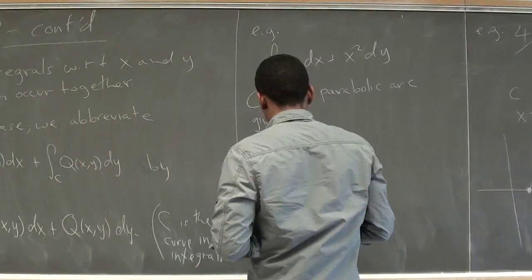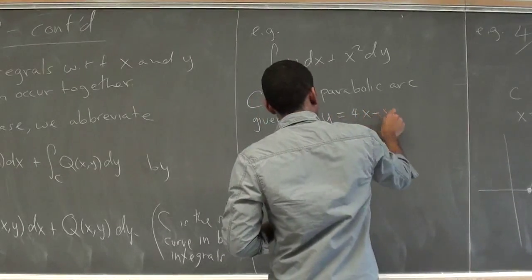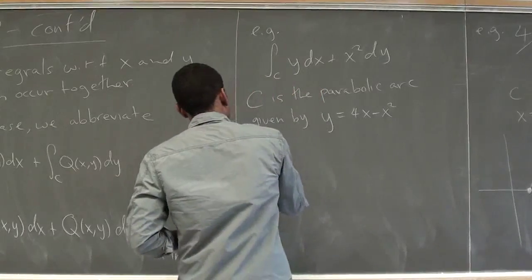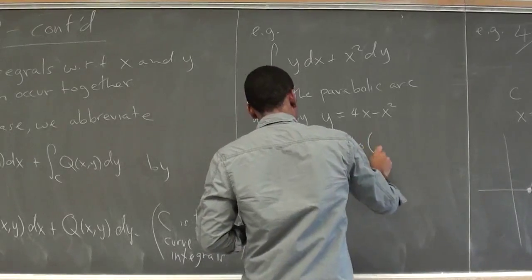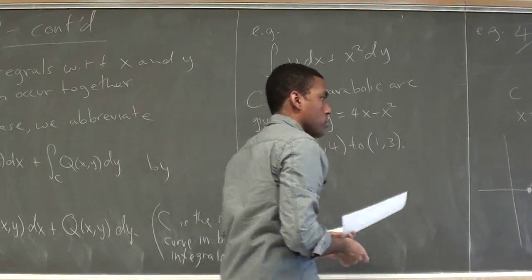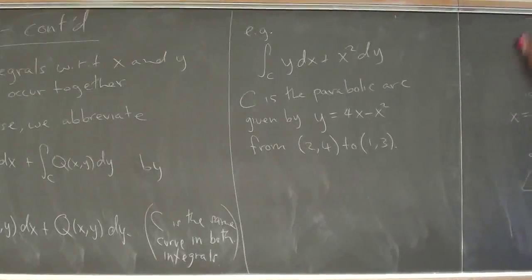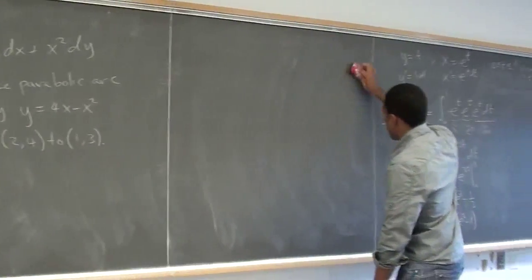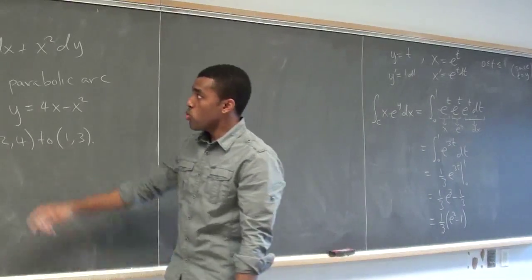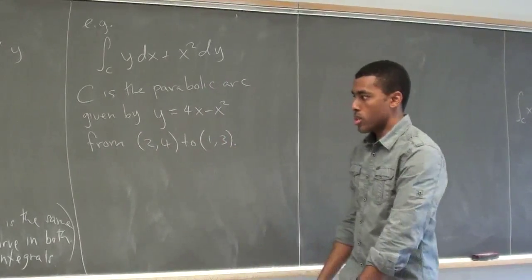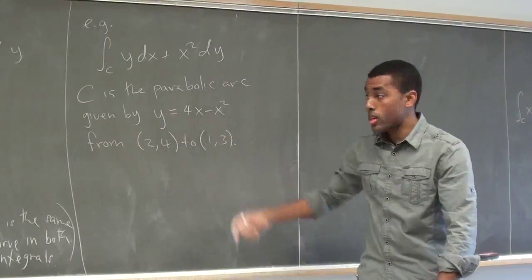Anyway, parabolic arc given by y equals 4x squared from. So we have to do with respect to both x and y, but the same principles apply, but we're just going to parameterize everything, find the derivatives, plug it in. Okay?